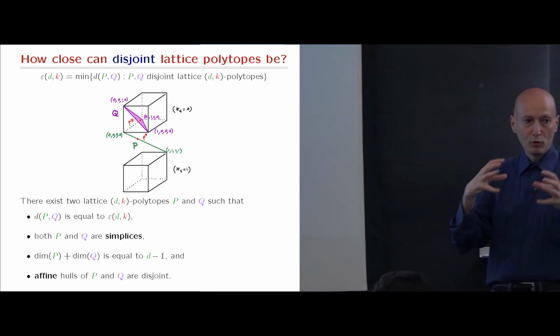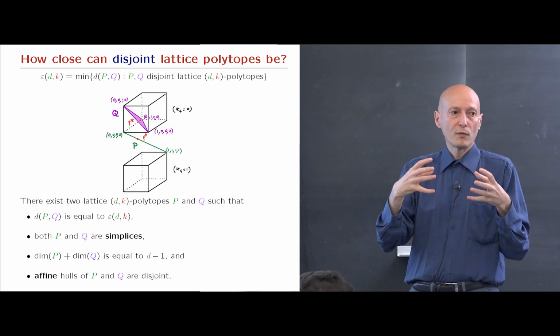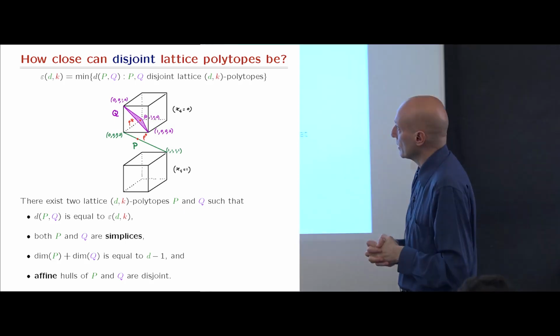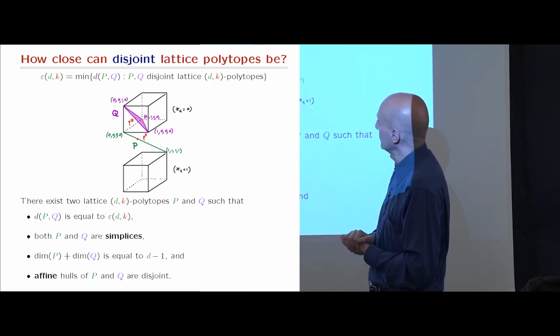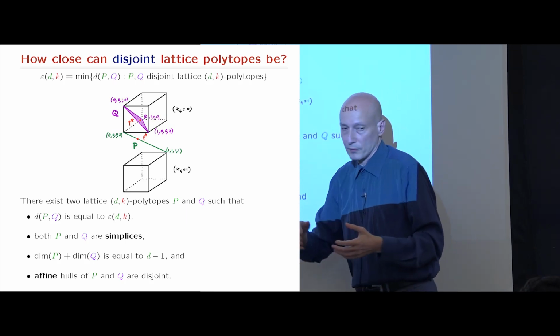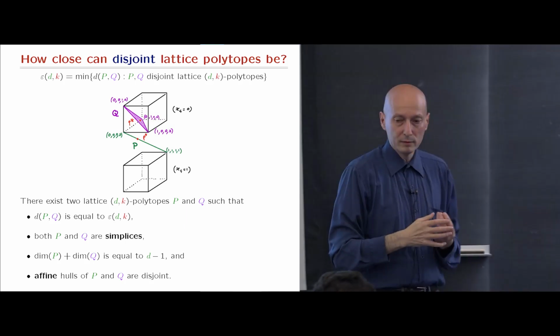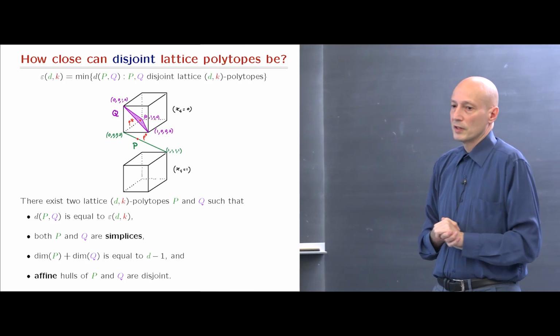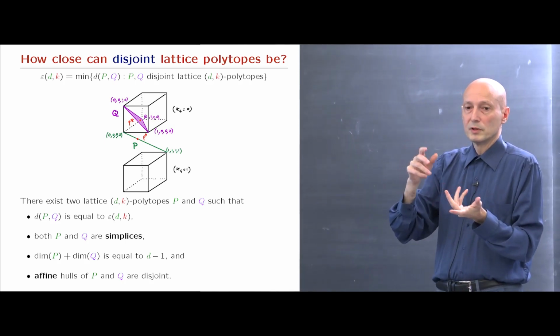Now, there's another argument: if both of them are of big dimension together, you'll get something not optimal. Let's say I'm in dimension 4 here, I need to have in total 6 vertices. So let's say 4 and 2, or 3 and 3.